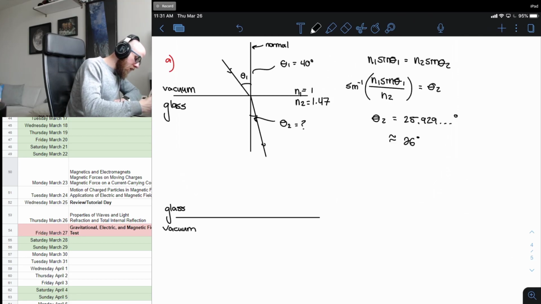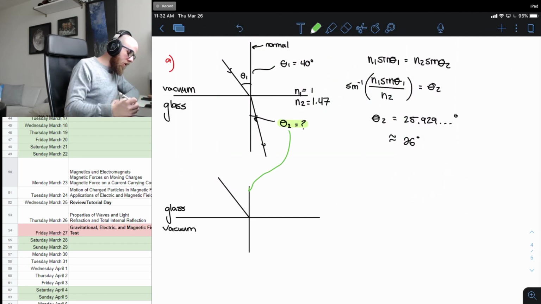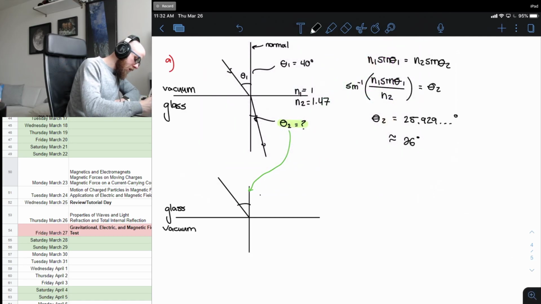Again, let's draw our normal line out. Our angle of incidence now is actually the value that we found from part A. So that's our new angle of incidence. Our theta 2 is our new theta 1. So theta 1 is equal to what we found in part A, 25.929 degrees.